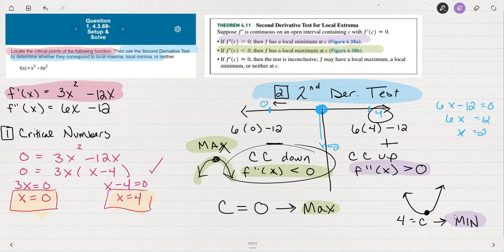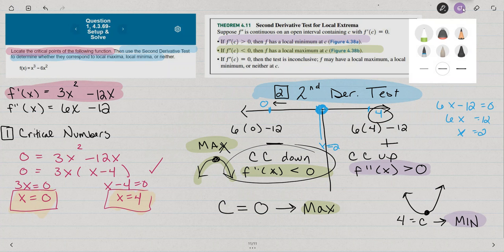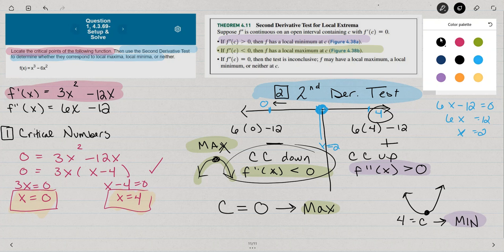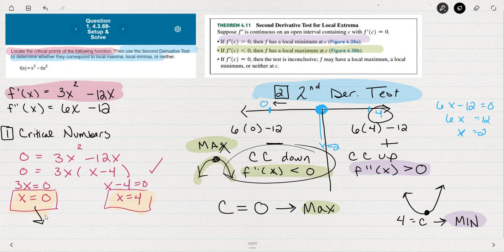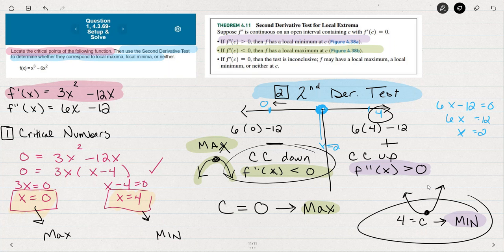So the second part of this question, use the second derivative test to determine whether the critical numbers correspond to a max or a min. What I'm going to say is that 0 corresponds to a max. And I think the way that this pops up on my lab math is that it asks for the max first. So the max is going to be 0, and then it's going to ask you for a minimum. And we can see that the 4 corresponds to a minimum.